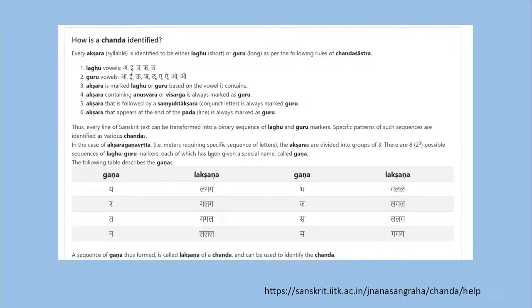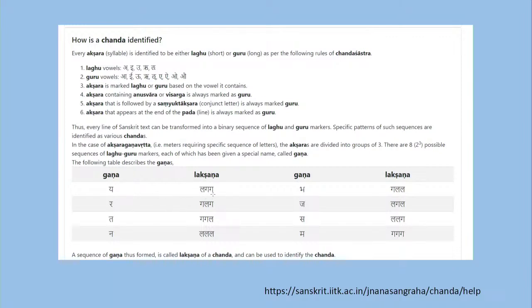So this sequence of Laghu and Guru markers are again called ganas. Ganas are actually triplets of syllables. 3 syllables make a gana. So there are 8 patterns of gana. These 8 patterns are ya, ra, ta, na, ma, ja, sa, ma. So the lakshana of ya gana is la, ga, ga.